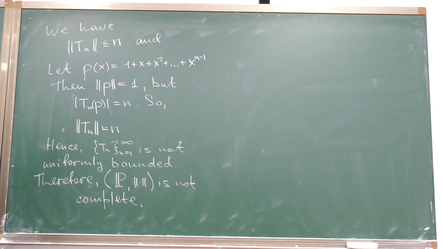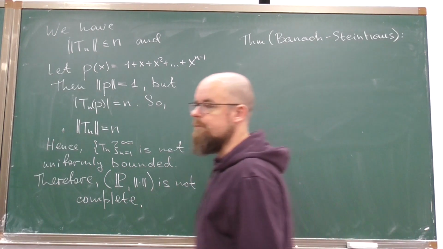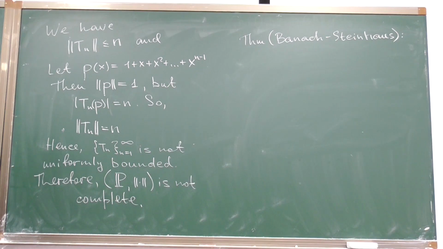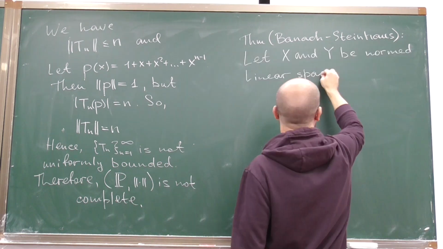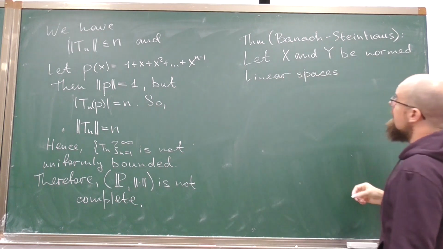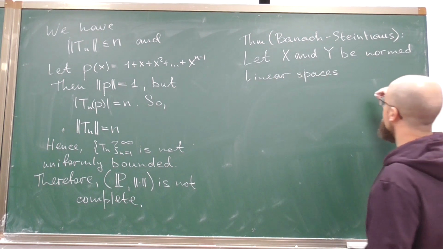Let me finish this lecture with one more result, which is a theorem due to Banach-Steinhaus. I told you that we will see a lot of results due to Stefan Banach in this course, and this is one of them. Let us start with two normed linear spaces, and let X be Banach.